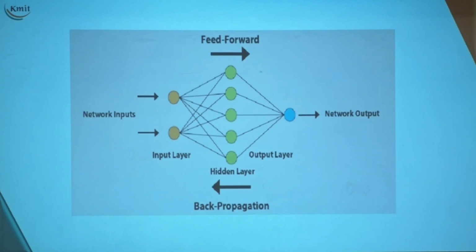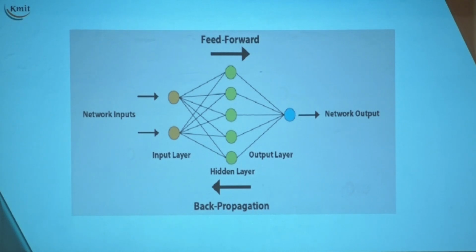Neural networks or ANN work in 3 steps. How many steps? 3. The first one is the feed forward network or forward propagation. And how does forward propagation happen? From the input layer to the hidden layers to the output. This is how forward propagation works.